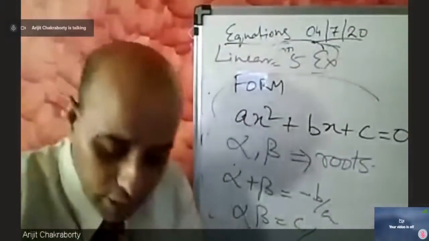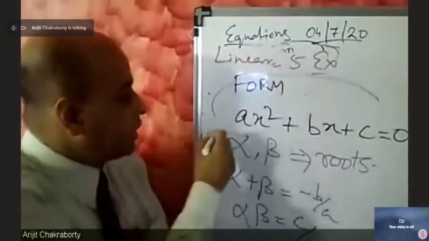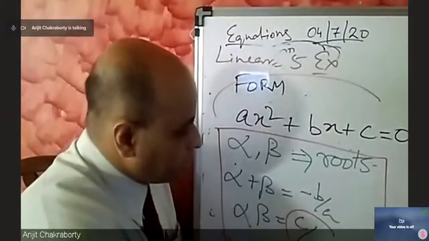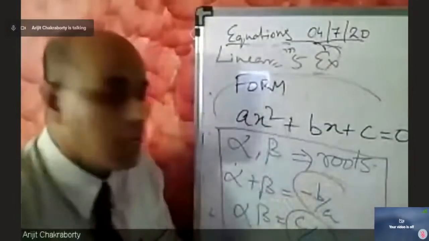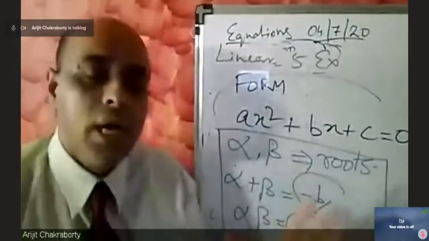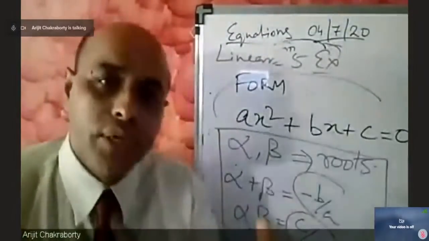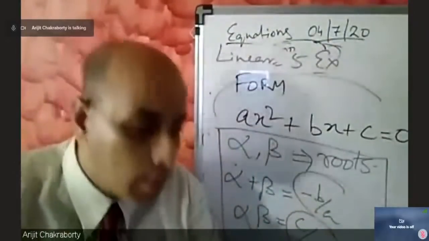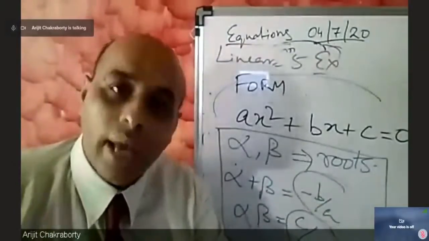I will request all the students to kindly keep a note of this, and I'm sure you will not forget these two relations, because they will be very useful for you in order to solve the numerical problems which we are going to handle now.